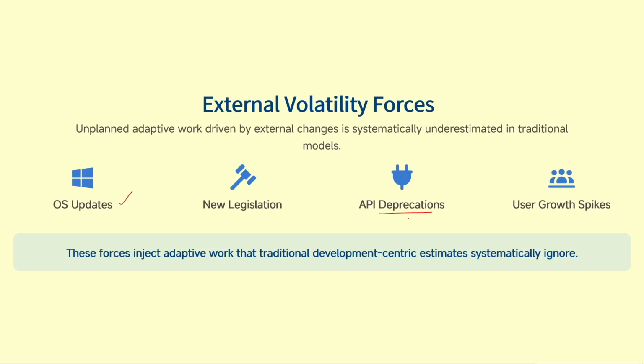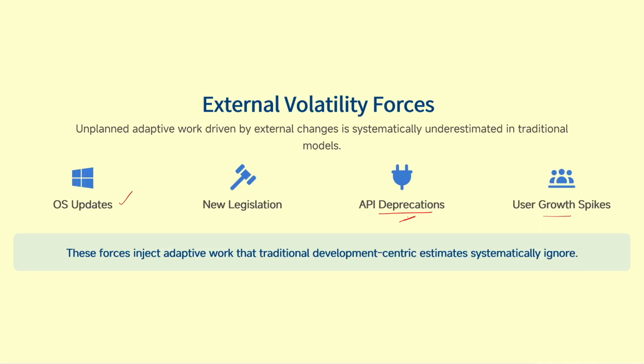Okay. So this API deprecation is a very big problem in new technologies. And user growth spikes. This is not that significant, but there could be some changes from the user point of view also. So these are the external complexity measures that have to be incorporated, that could be foreseen before we go into the software maintenance phase.